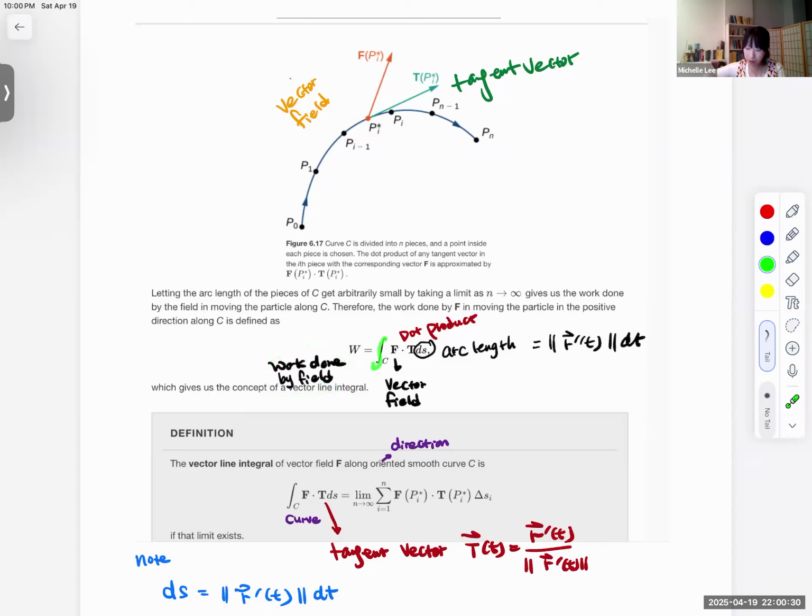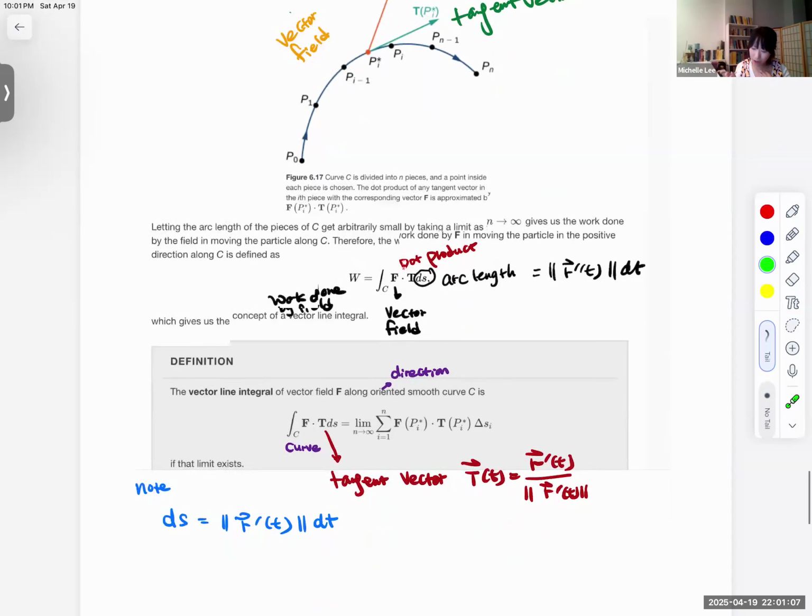So the integral over the line curve, we have F, vector field, and there is a dot product involved, and then T as a tangent vector, we have a ds. ds we had earlier, which is arc length, tiny steps of distance, right? So we had experienced ds equal to magnitude of r prime of t dt, right?